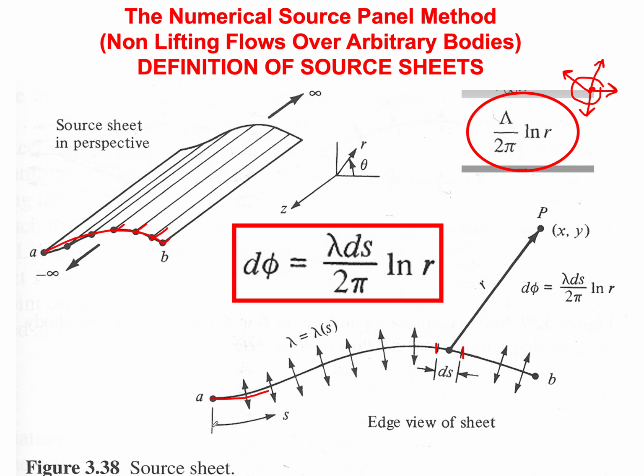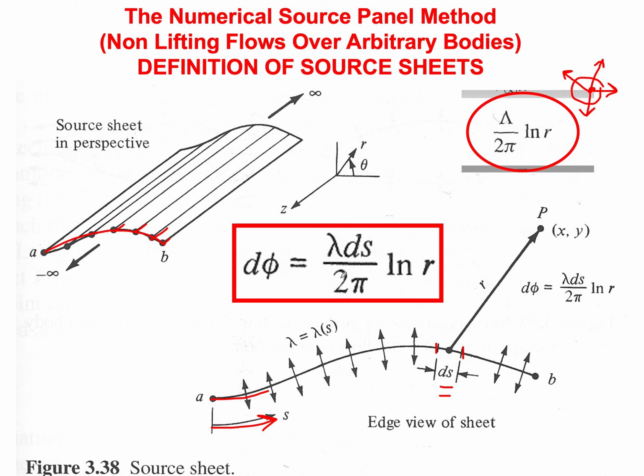S is the coordinate system along the surface, and ds is just an elementary piece of this surface, an elementary length along the S direction.